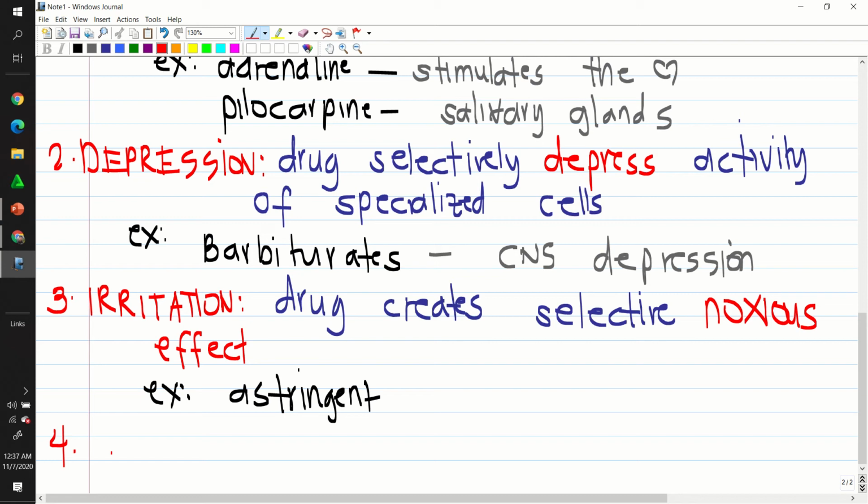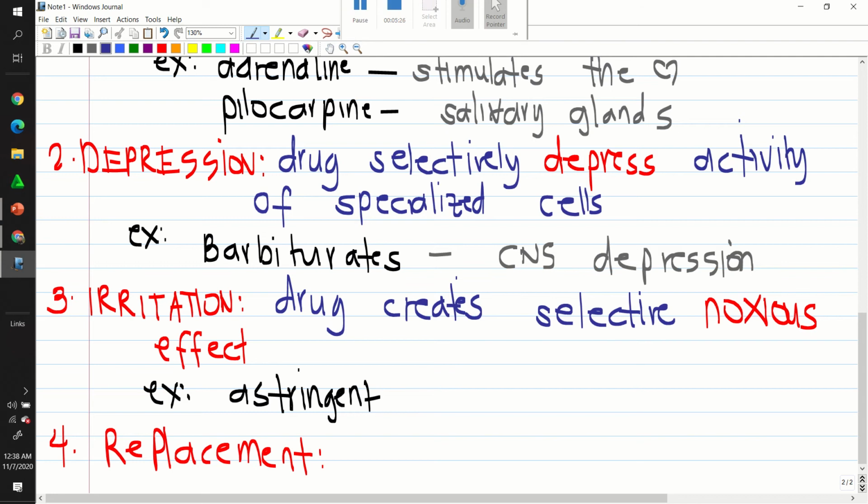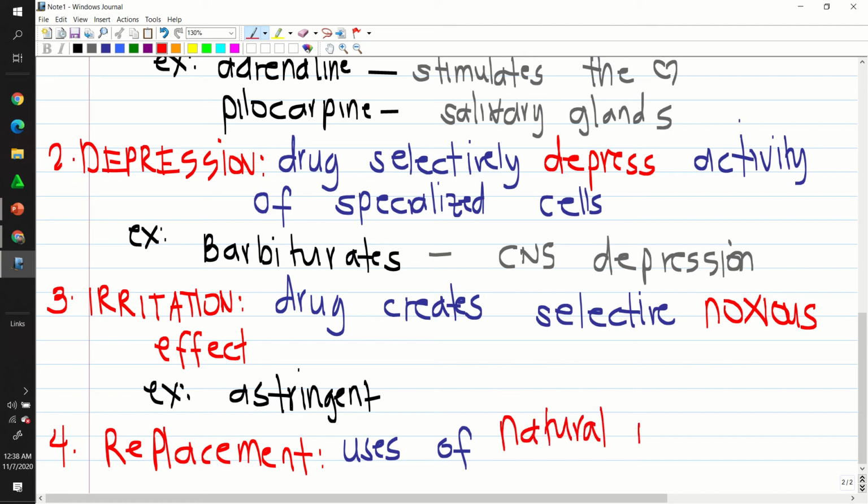Another mechanism, number 4, we have replacement. What about replacement? It is simply the use of natural metabolites, hormones in deficiency states. So it replaces essential body compounds, natural metabolites, hormones.